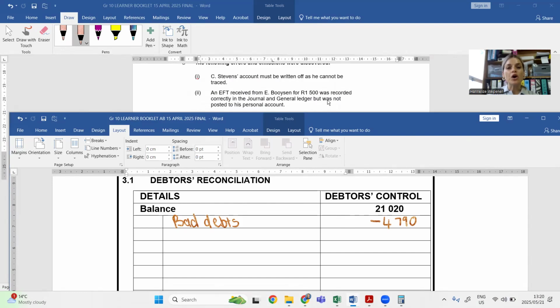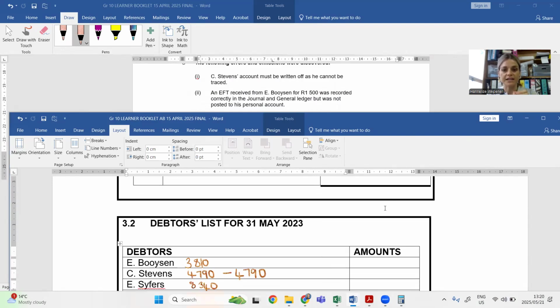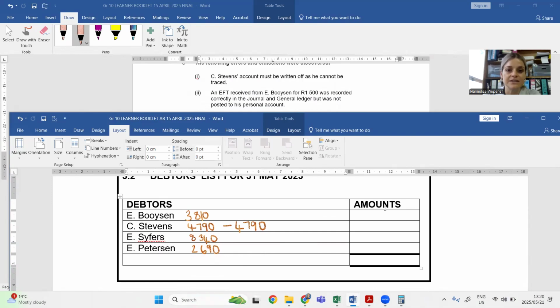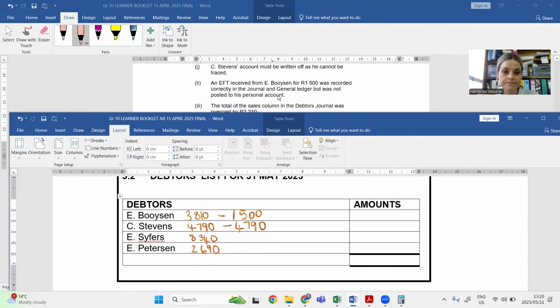However, you forgot to post this to his individual account as well. So the journal is correct, your debtors control account is correct. However, in his individual account, you have not yet credited his account showing that he made payment to you. So you just have to now show he owes you 1,500 Rand less.